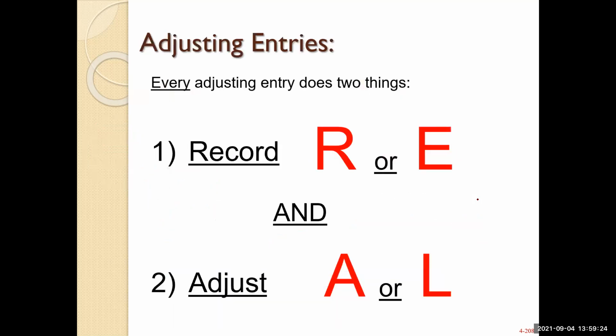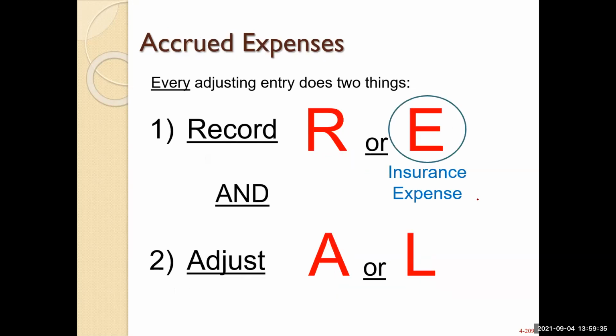Again, we got to make sure that it's real. Is it revenue or expense? And then what's happening to our asset or liability in this case? Well, in this case, it's an expense because we've used something up. We've used our insurance, and our asset, or future benefit of future insurance, is going down because we went from 6 months to now having 5 months left.